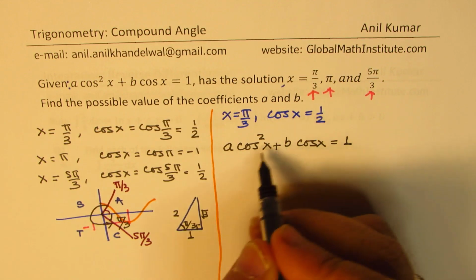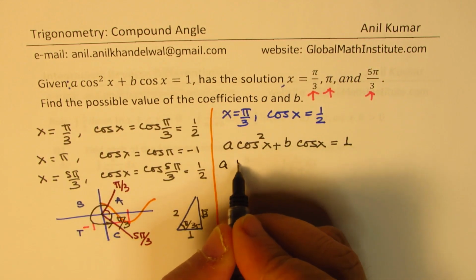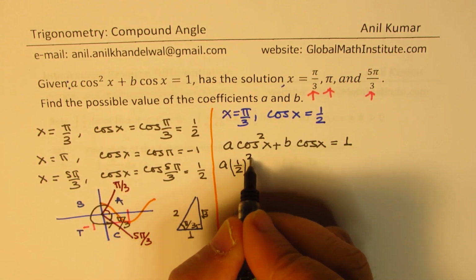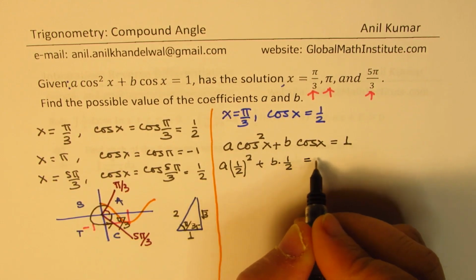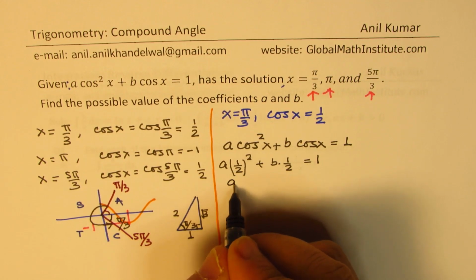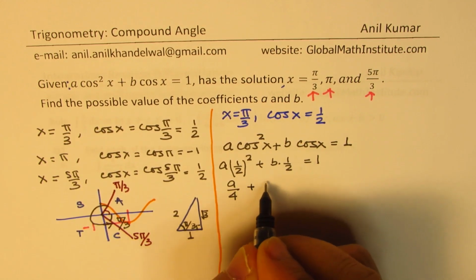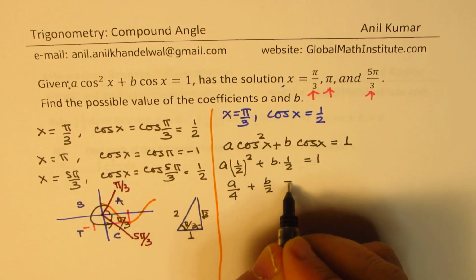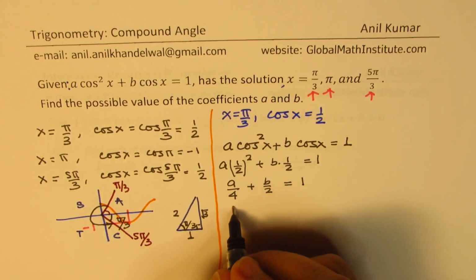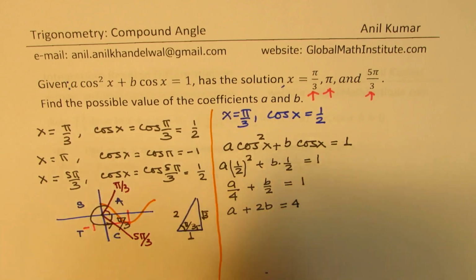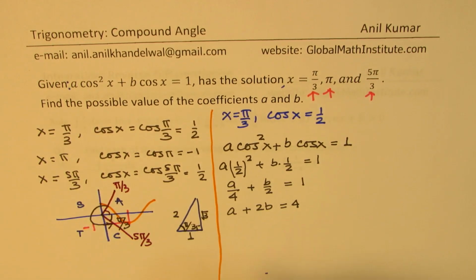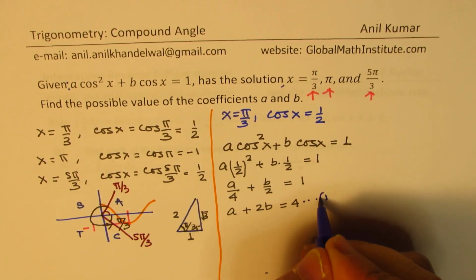Now if I substitute half for cos x, we get a times half square plus b times half equals 1, and that gives us a by 4 plus b by 2 equals 1. Multiply by 4, we get a plus 2b equals 4. Right? So we get one equation. Let me call this our equation number 1.